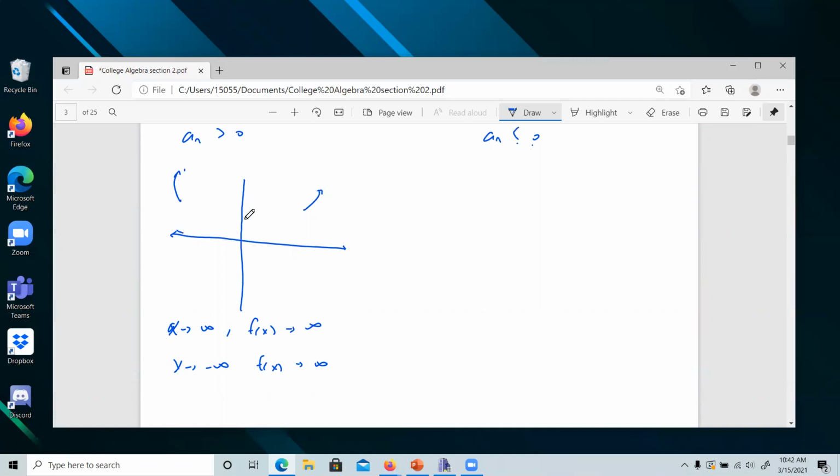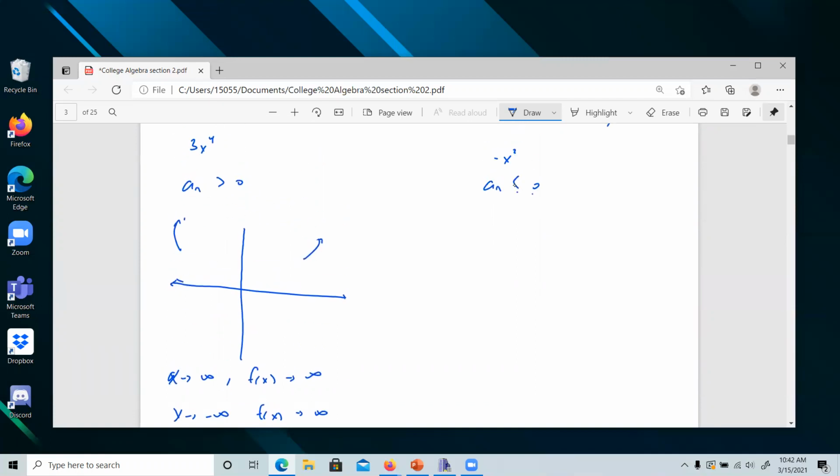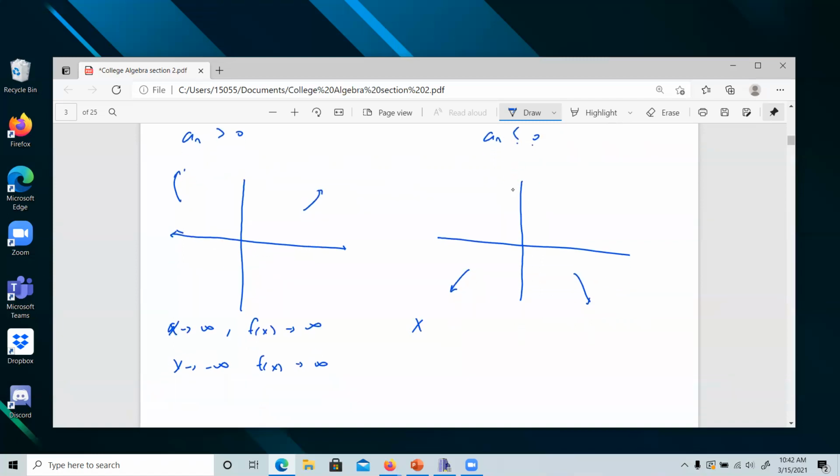With the other way around, kind of like a parabola with a negative leading coefficient, same idea. As x approaches infinity, f of x approaches negative infinity. As x approaches negative infinity, f of x approaches negative infinity. So the more negative you get, the more down here we are.